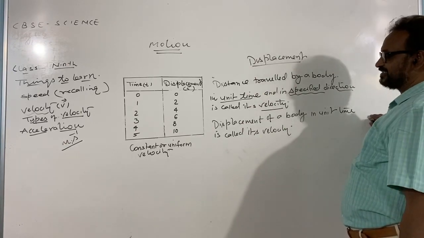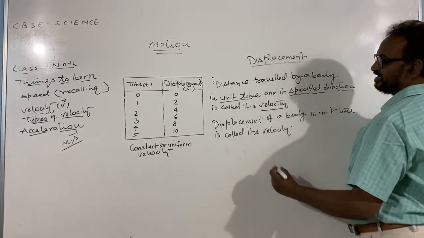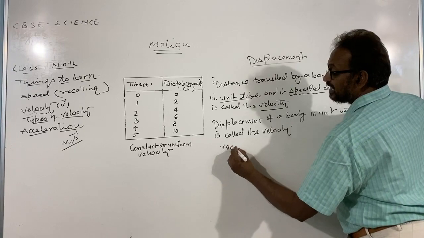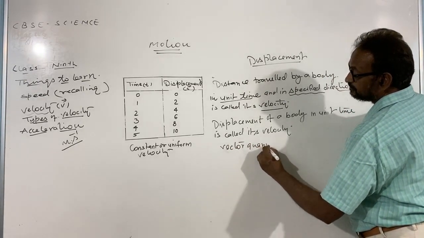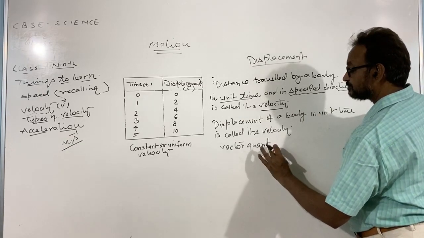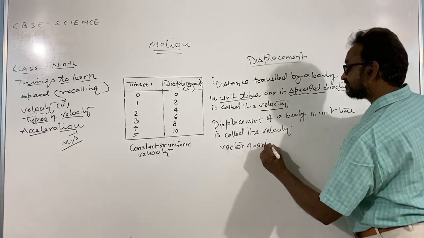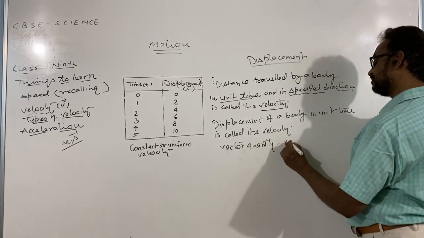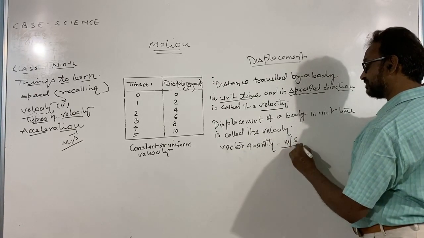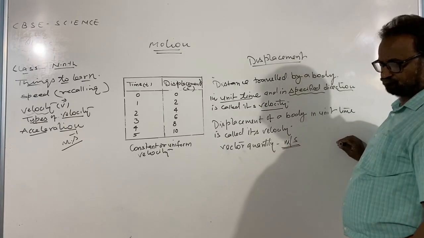Since velocity has direction, therefore it is a vector quantity and its SI unit is also meter per second.